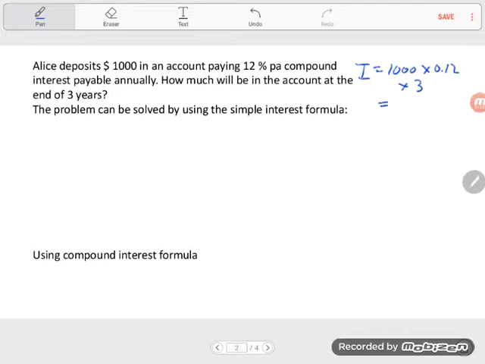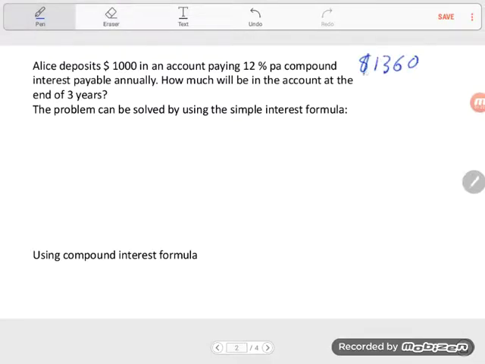And that would give us a grand total of $360. So by the end there'd be $1,360 in the account. Okay, so rather than doing that, I'll just keep that number up here, $1,360.